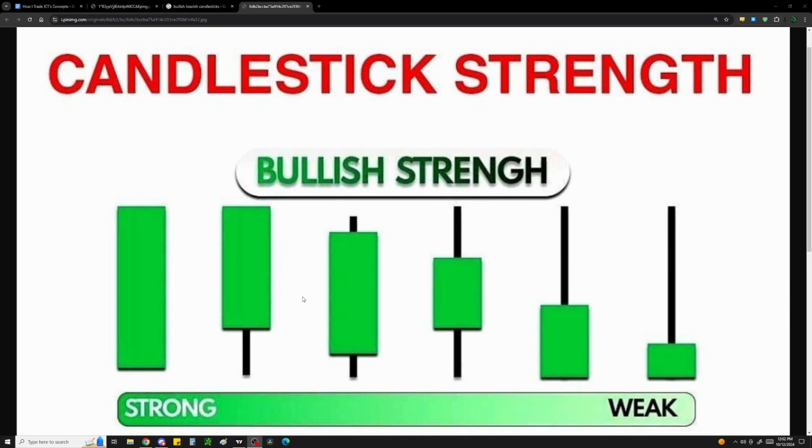But when you start getting to the point where the wicks are more one-sided, or the wick on one side is longer than the other, that starts to tell you that price is bearish, right? Or it's getting weaker. Because now this price opened down here, traded up, came right back down, and didn't even give a wick on the bottom.